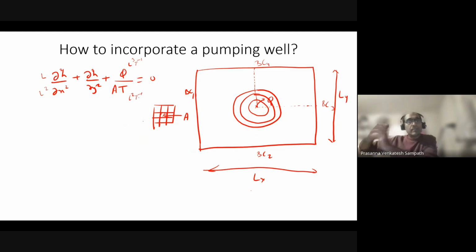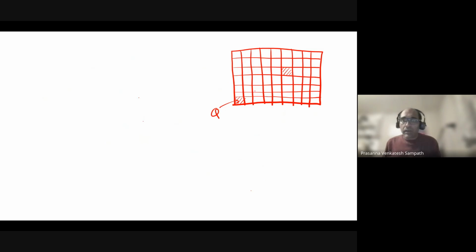For all other cells, q is 0 because there's no pumping well. Apart from this one cell in the corner, none of the other cells in the model have any pumping well.